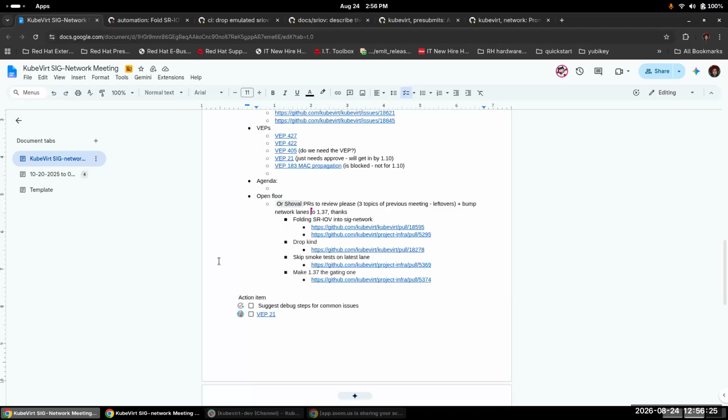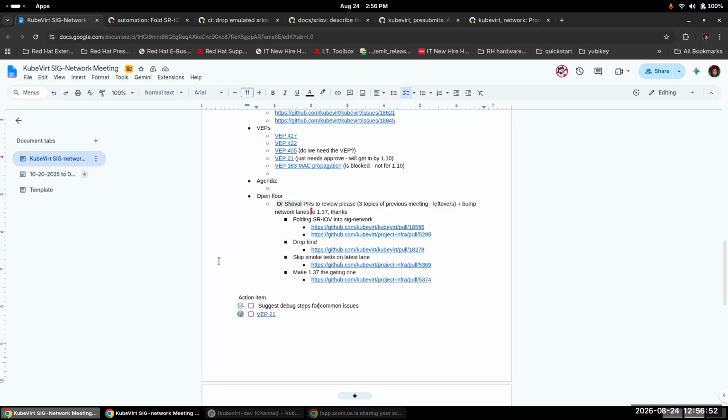Not Kubernetes itself, if that's what you mean. Kubernetes itself in the next day is going to be stable, but we can already bump the lanes for that. What do you mean, Kubernetes itself? 137 comes together with everything. If you look at the notes, 137 is beta at the moment, or RC, I don't remember.